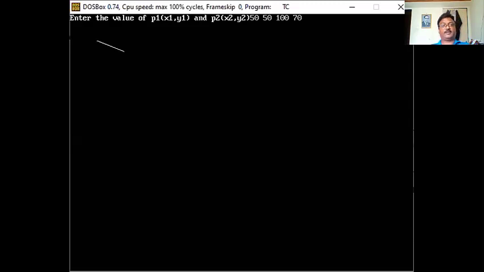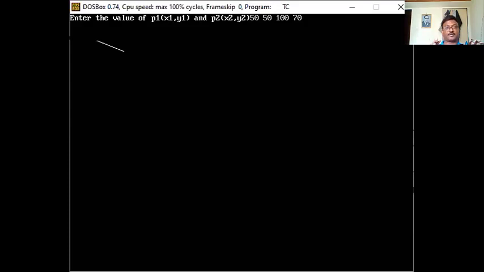See, the line is inclined; for exactly 50 50 100 100, the slope is exactly 1. The slope may vary, greater than 1 or less than 1. All types of lines you are going to draw, but this is by using your screen origin, meaning your monitor origin.